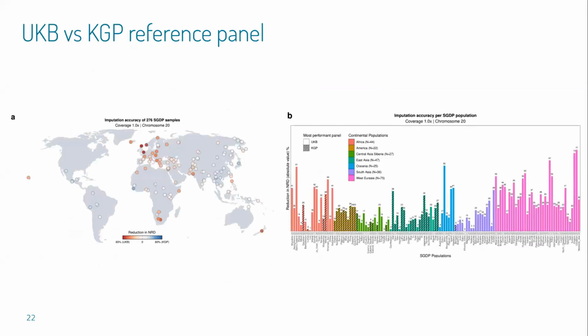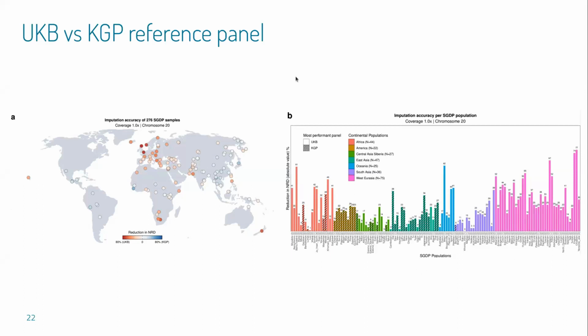Finally, I would like to say that what we have shown so far is only on British samples, the idealized scenario for using this reference panel. But of course, we were very interested to see how the UK Biobank reference panel performs compared to other human ancestries.